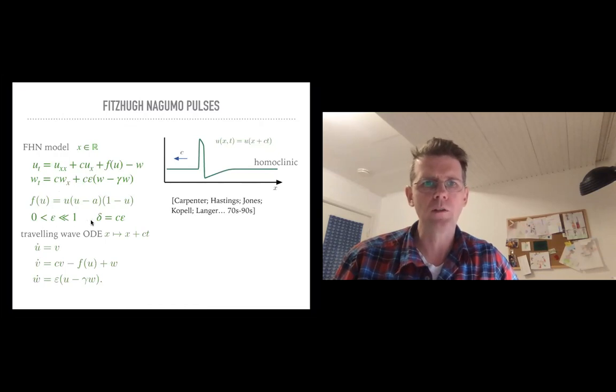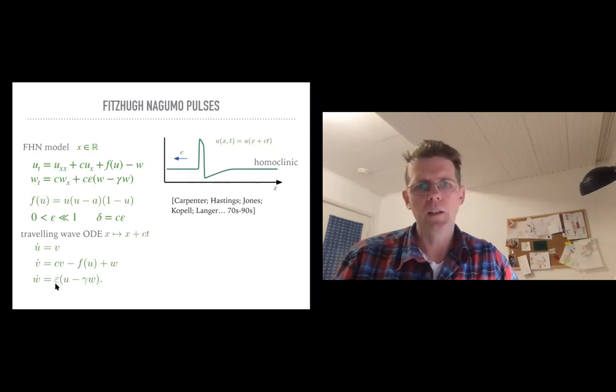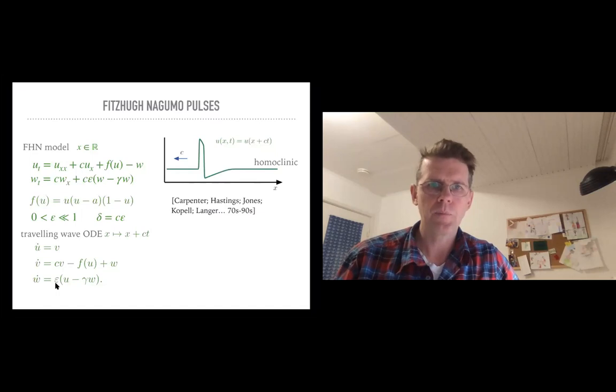What I've also done is replace delta by epsilon, which are linked by this velocity parameter c. That's going to be convenient. From now on, epsilon is going to be the smallness parameter, and again there's this multiplicative factor in this ODE down here.